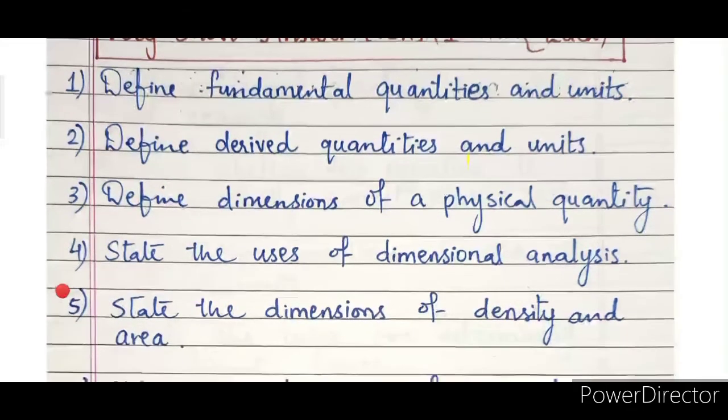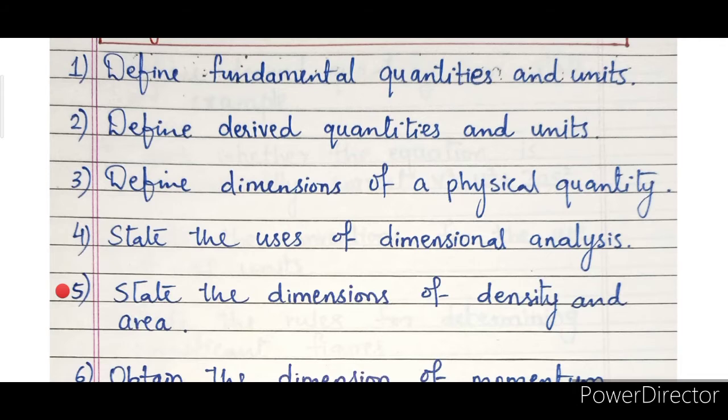Then next, question number 5, state the dimensions of density and area. Here you have to just write down the dimensional formula for density and for area.